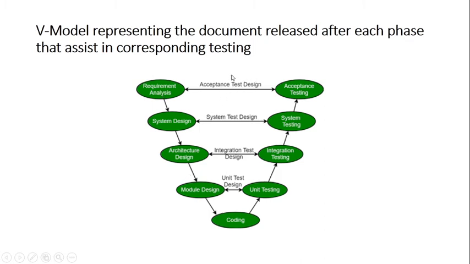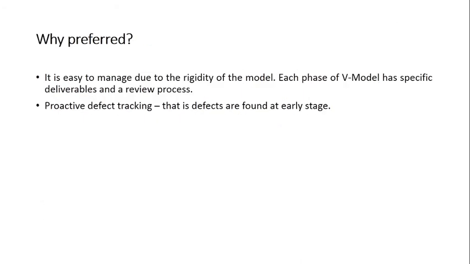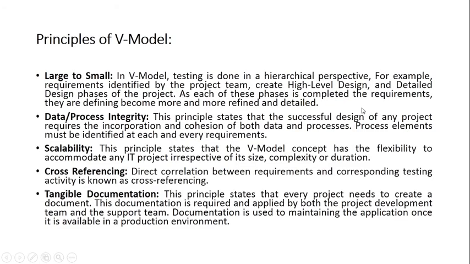This data is going to help in these two processes. So this is what is meant by data and process integrity. The principle states that the successful design of any project requires the incorporation and cohesion of both data and process. Process elements must be identified at each and every requirement, right?